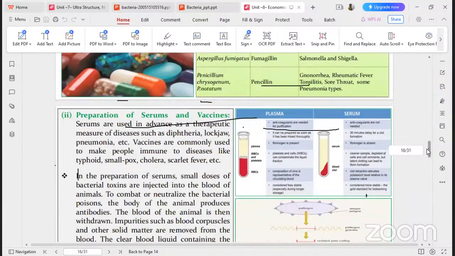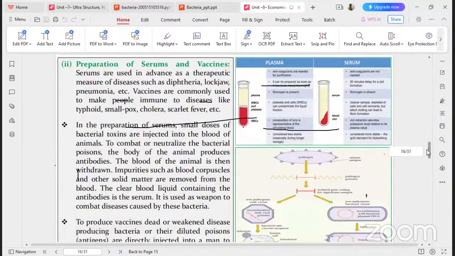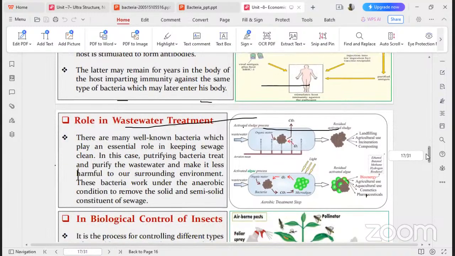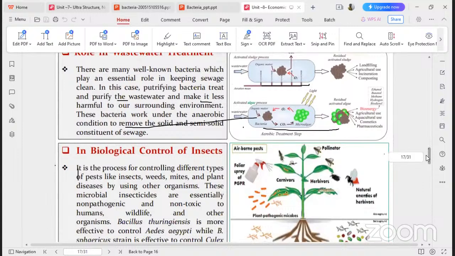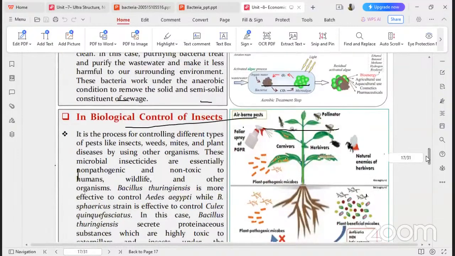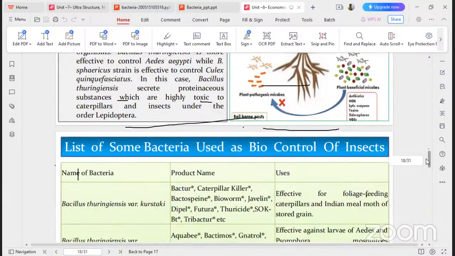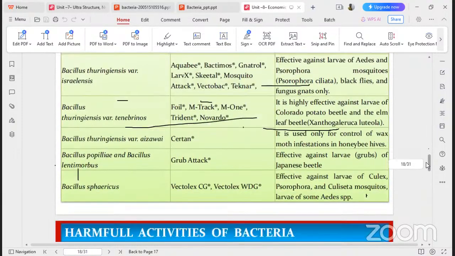In vaccine preparation, we use bacteria and plasmids. Even in wastewater treatment we use bacteria, Pseudomonas. For biological control of insects, Pseudomonas and Bacillus bacteria kill insects like aphids, as a biocontrol agent.